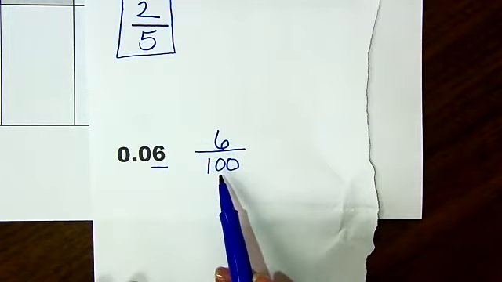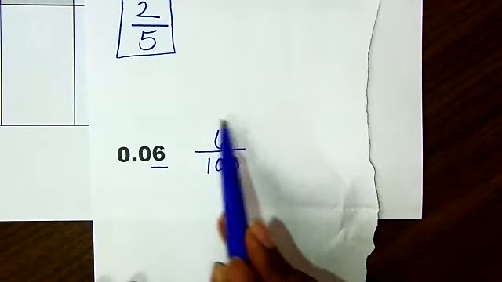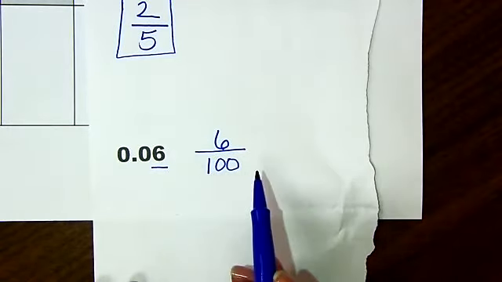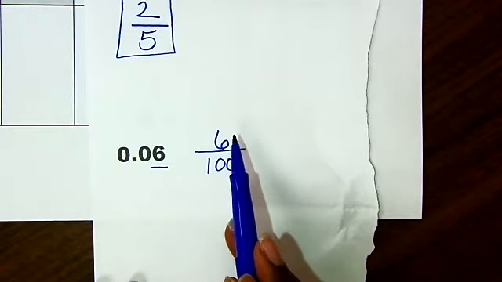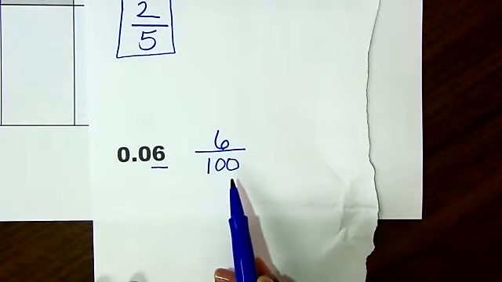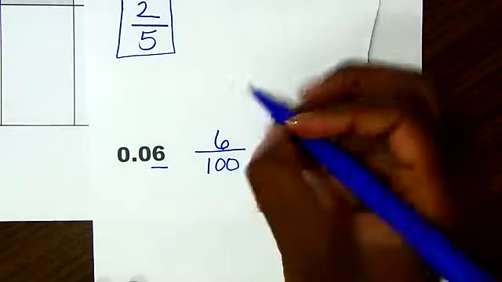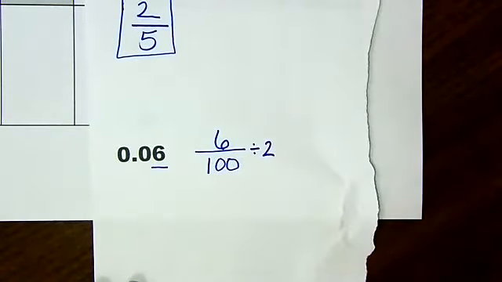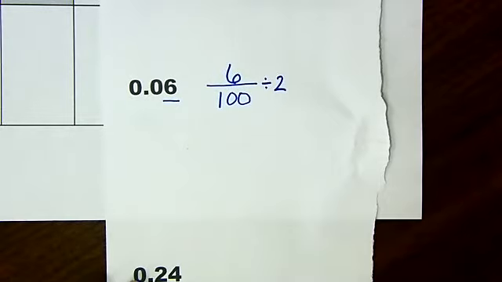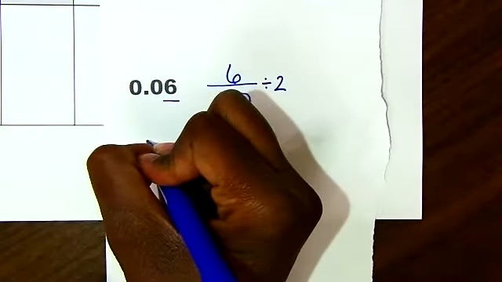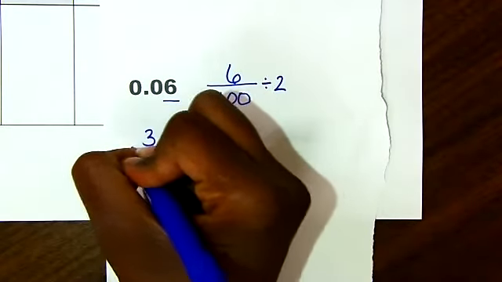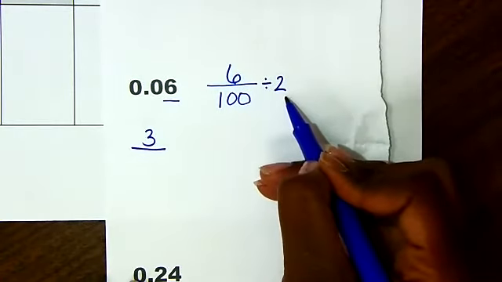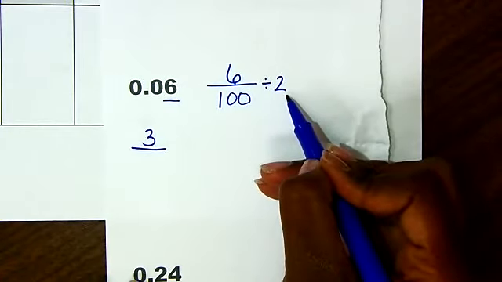But remember, we're not done. Can this be simplified? Is there a number that will go into both the numerator and the denominator? Yes, there is. Because they are both even, I know that they are divisible by 2. So 6 divided by 2 will give me 3. Good job. 100 divided by 2 will give me 50.